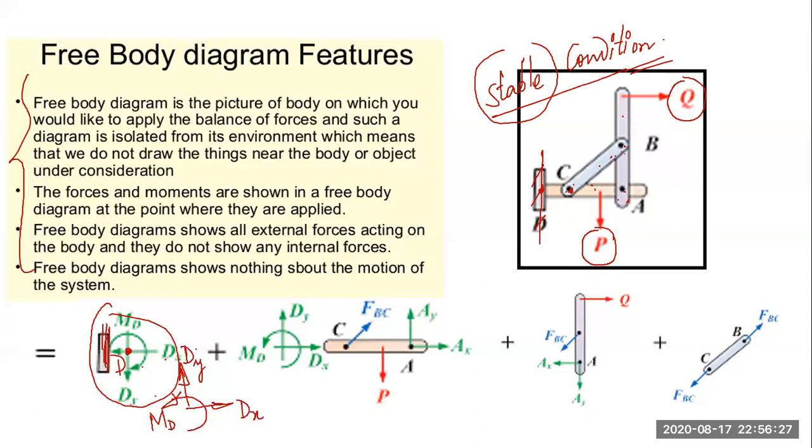So whatever the moment was at point D, all will come at point C. The entire force system at point D will shift to point C. Since the body is in a static stable condition, each and every point is in a static stable condition.